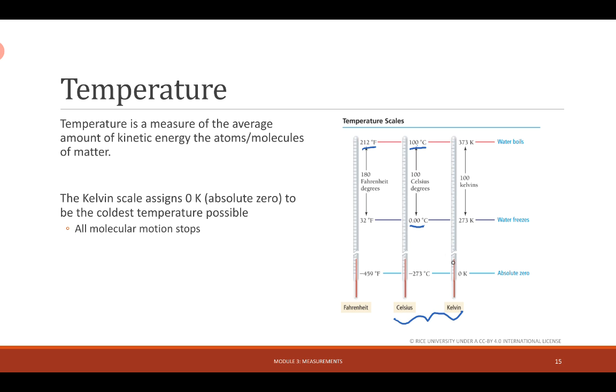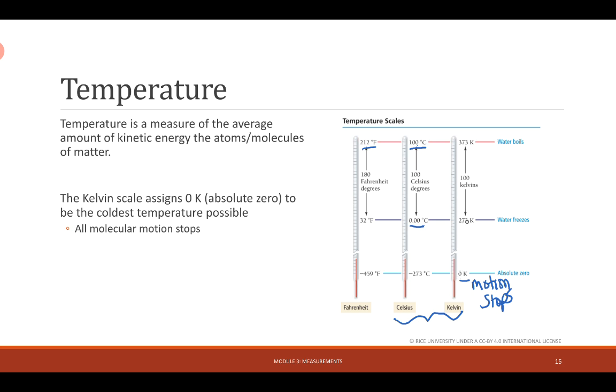The Kelvin scale, which is quite unique, sets 0 to be where motion stops. You have to be really, really cold to get your atoms to stop moving. That's the absolute coldest temperature possible, and so it's called absolute 0.